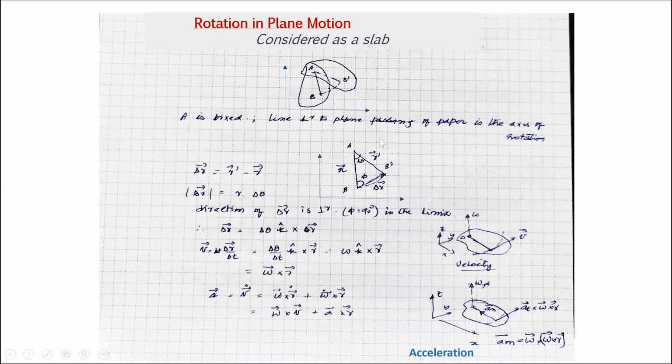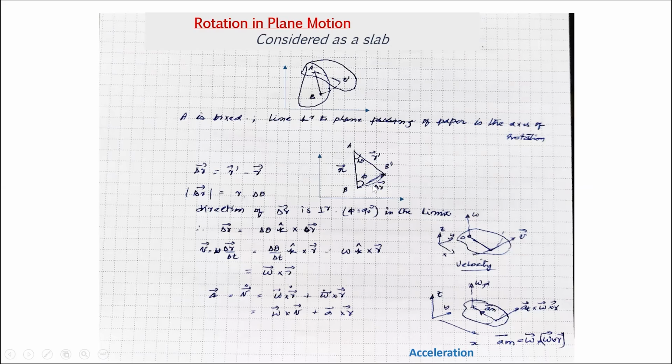We have seen that in an infinitesimal displacement, A is fixed and B goes to B prime, going through an angle of d theta, and R takes the position of R prime, and this delta R is the displacement. So delta R is R prime minus R, and we have done this analysis, so I'm just doing this quickly.